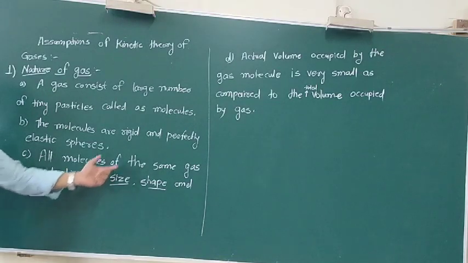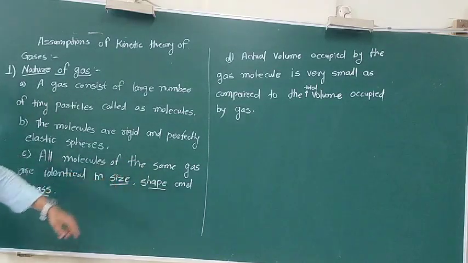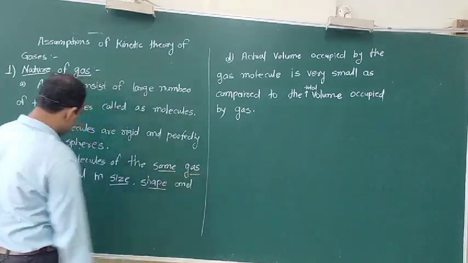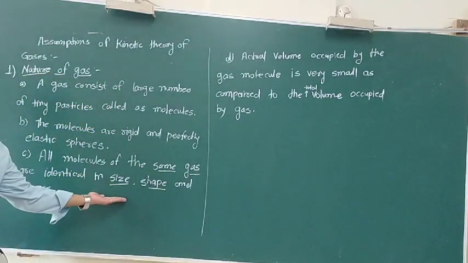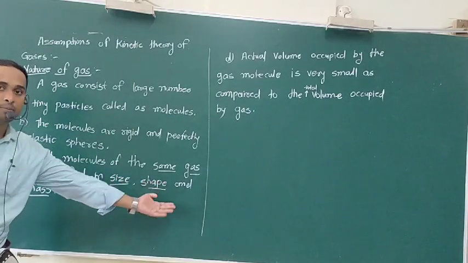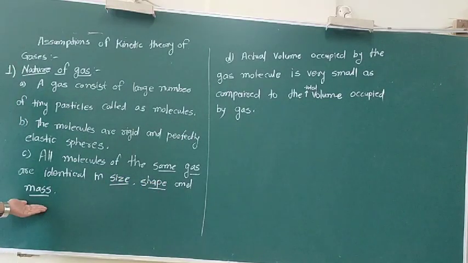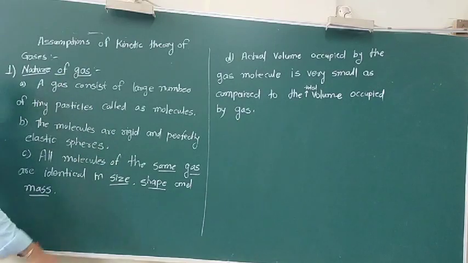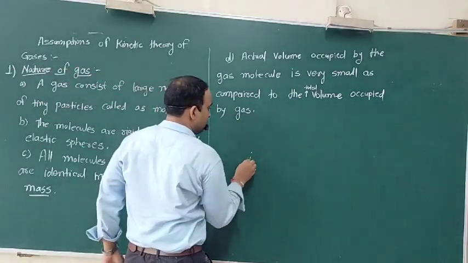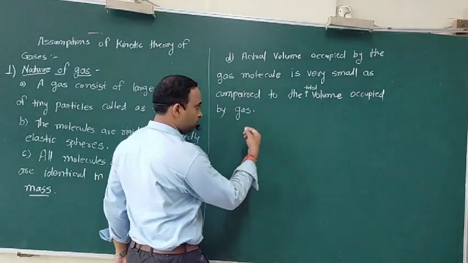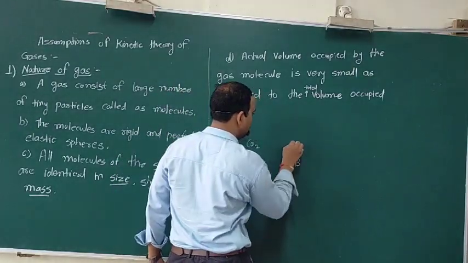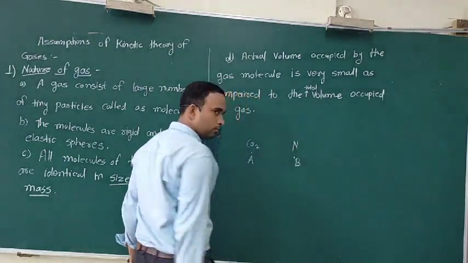All gas molecules of the same gas are identical in size, shape and mass. A condition is applied here: the molecules must be of the same gas. Suppose A is a molecule of CO2 and B is a molecule of nitrogen.